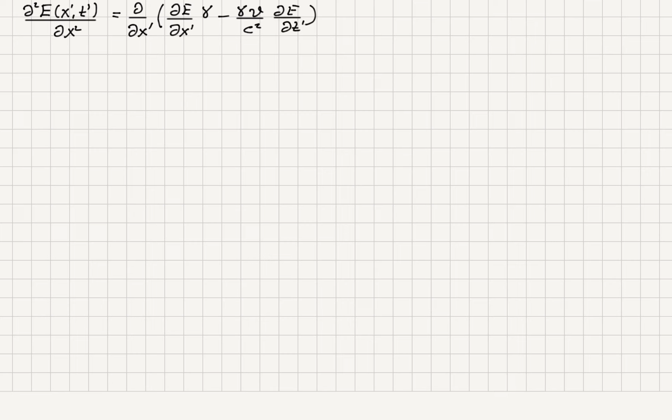So I take the derivative of this with respect to x prime and then x prime with respect to x. And then I need the derivative of del E del x with respect to t prime, so it's del E del x prime multiplied with gamma minus gamma v over c squared del E del t prime.